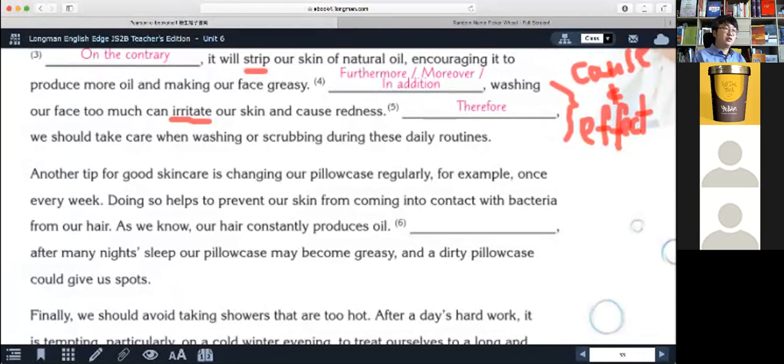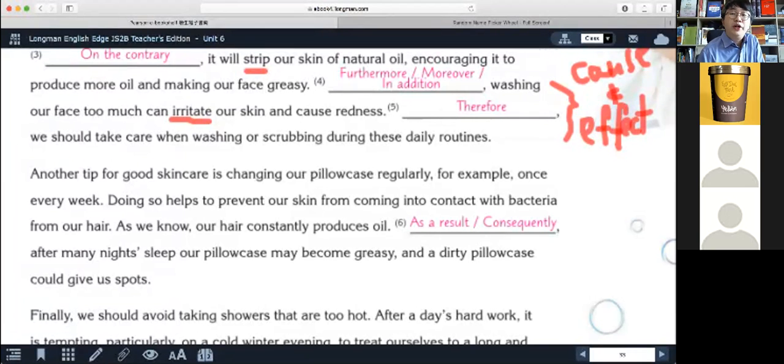I'll read it then. You tell us the answer for question 6. What's your answer? As a result. Yes, correct. Thank you, Haley. So here we use as a result or consequently, or you can even use therefore as you like.